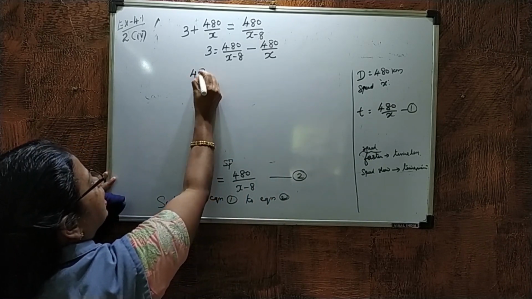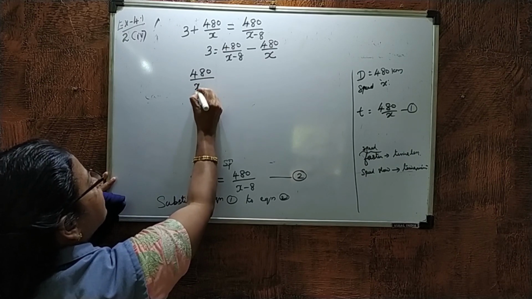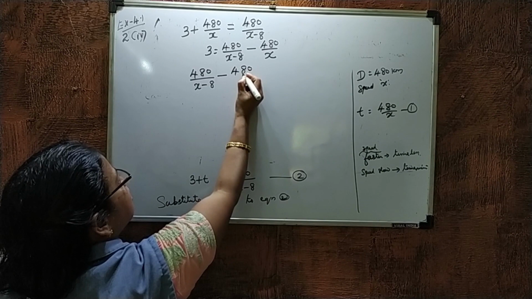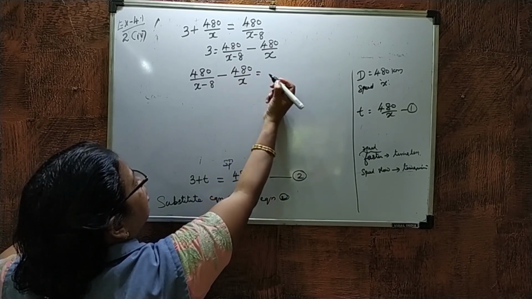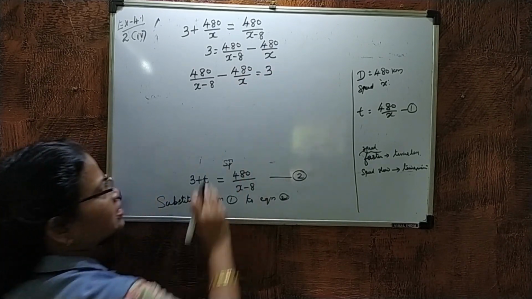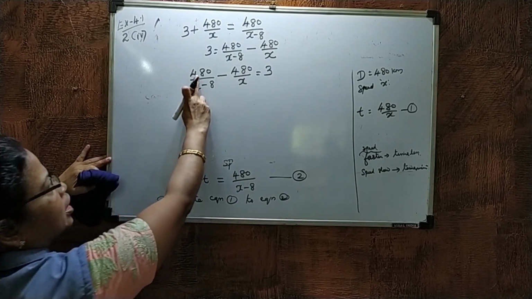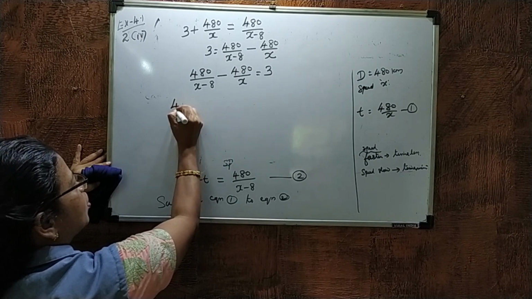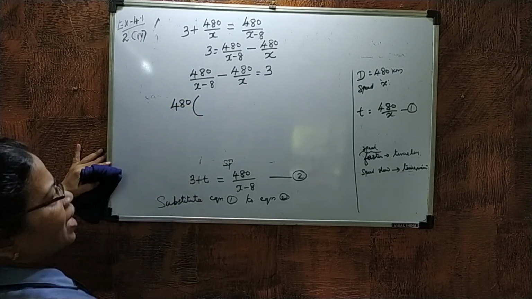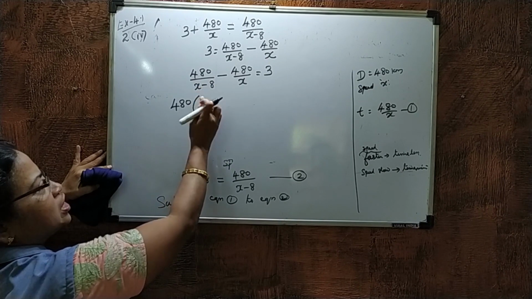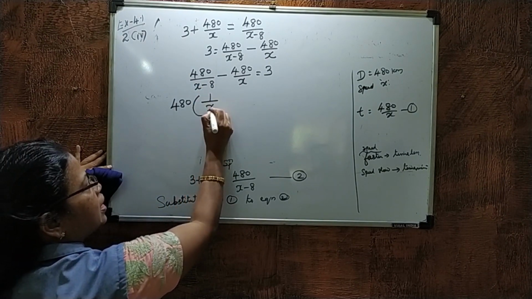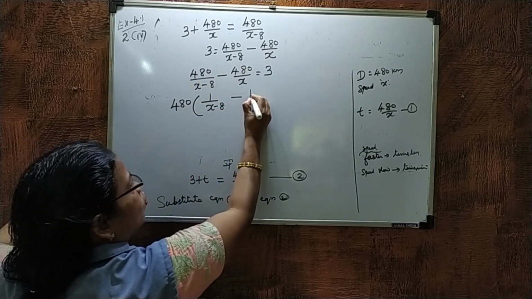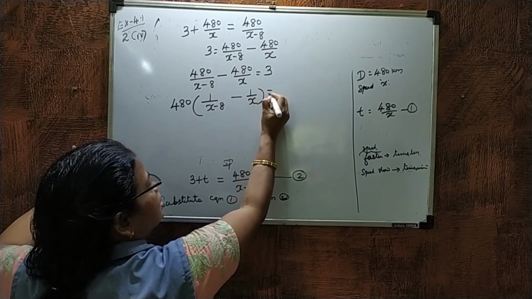So it will be 480 by x minus 8 minus 480 by x equals 3. Now look, in the numerator both the terms have 480 the same. So we will take this 480 outside. Now if we take this 480 outside, it will be 1 by x minus 8 minus 1 by x equals 3.